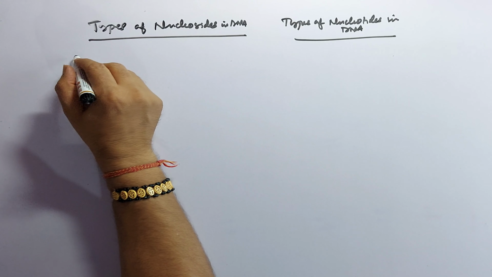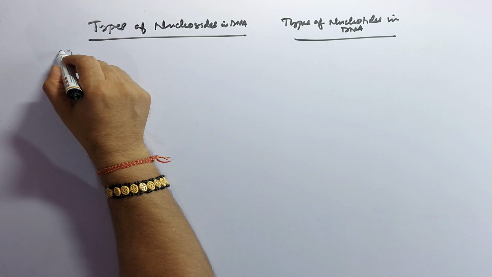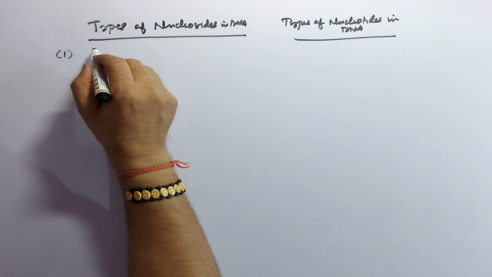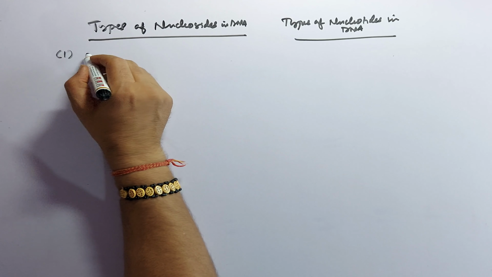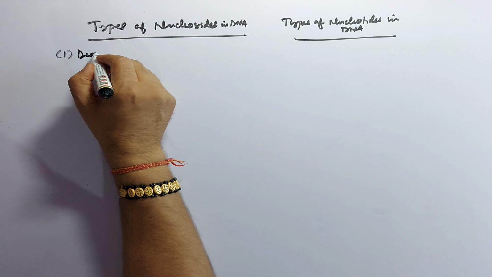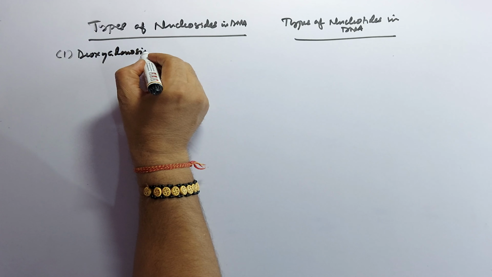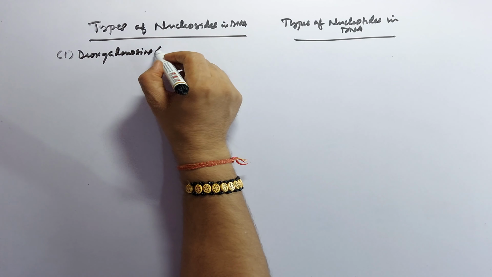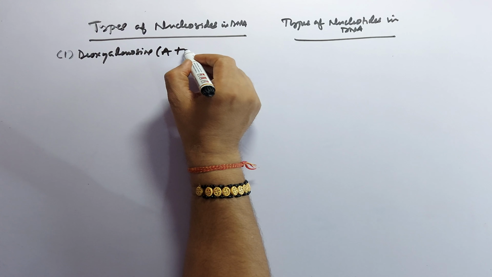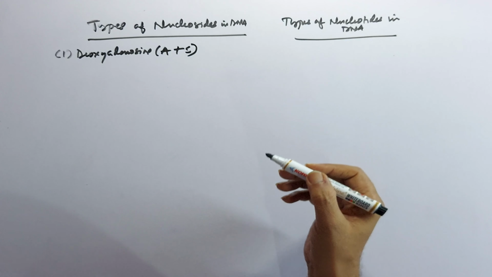So the first one, we can name accordingly, the nucleoside deoxyadenosine, that is adenine plus the sugar.